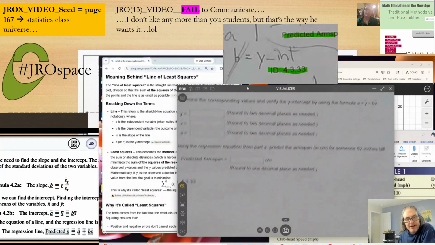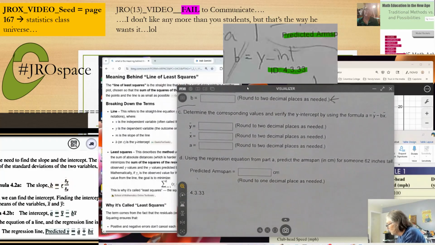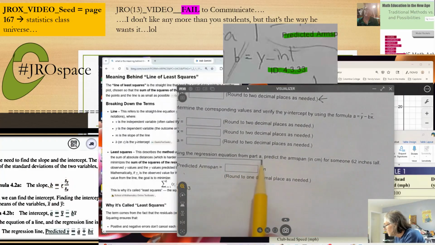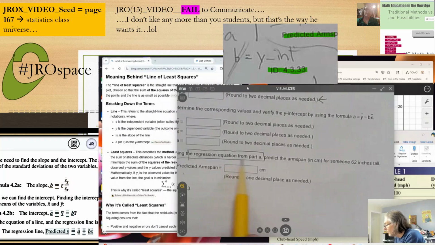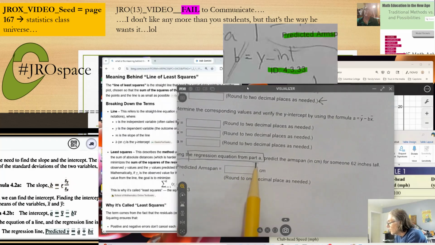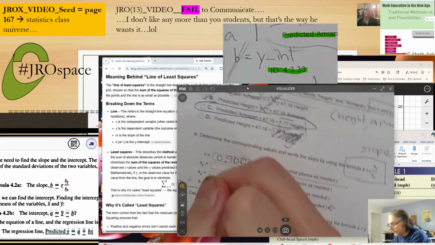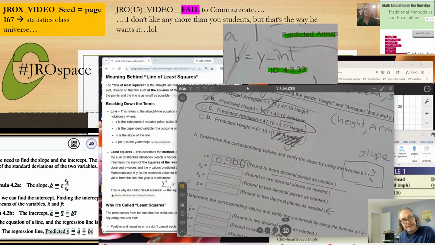And then one thing I want to notice: we're going to do all this old school stuff, and then down here, notice that this one says you're going to use the regression equation from part A, which is going back to this right here.